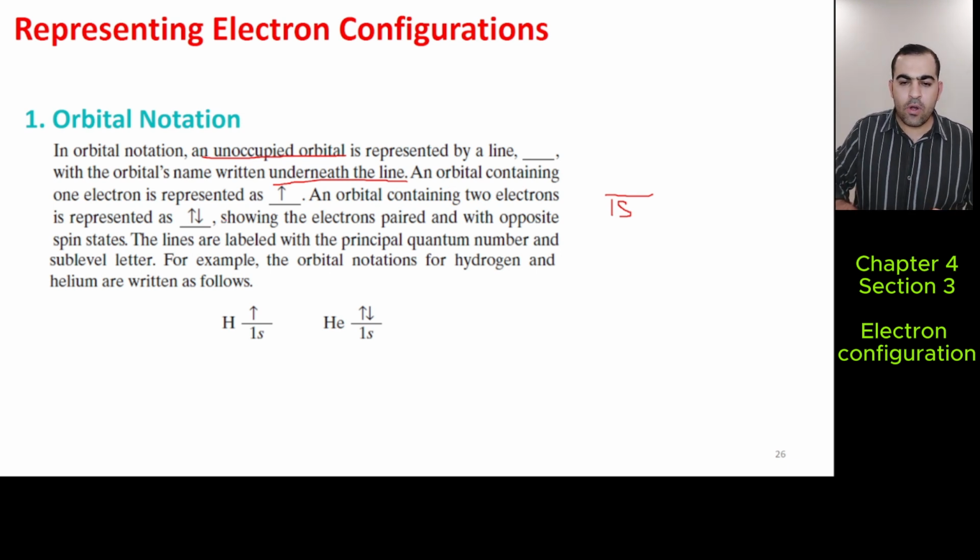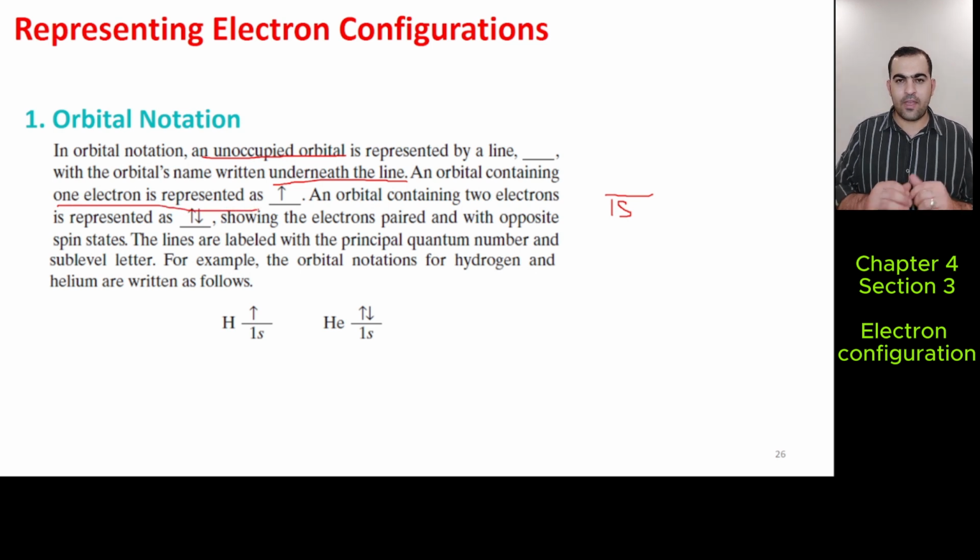An orbital containing 1 electron is represented as an arrow upward. Each arrow represents an electron. If there is 1 electron, it must be upwards. If there are 2 electrons, represent them as 2 arrows, 1 upward, the other one downward.